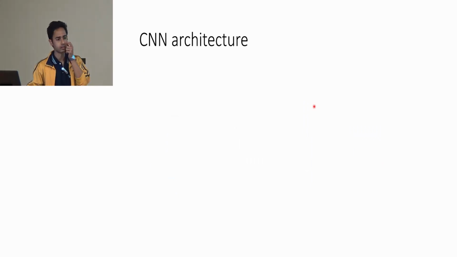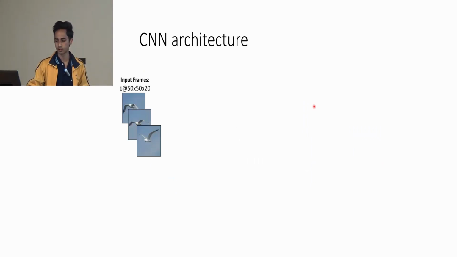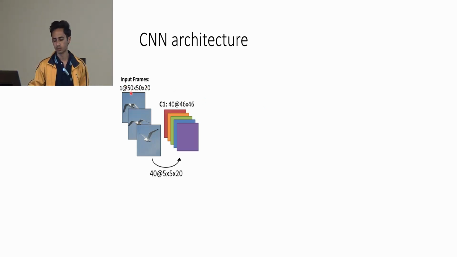Now we look at the CNN architecture that they have used. They take 20 frames and resize them to 50 by 50, and they perform convolution on it to get 40 feature maps. We see that the convolution kernel is 5 by 5 by 20, so they encode the entire 20 frame sequence into a single feature map and get 40 of those feature maps.